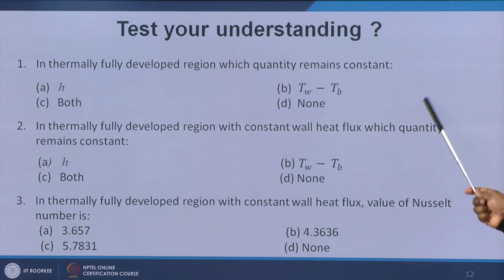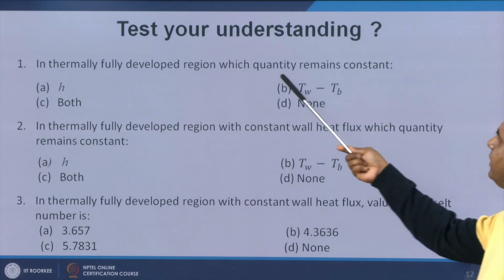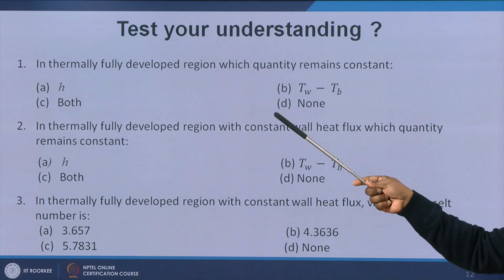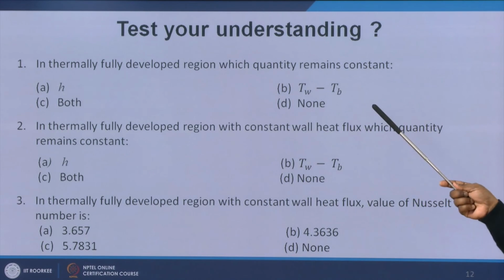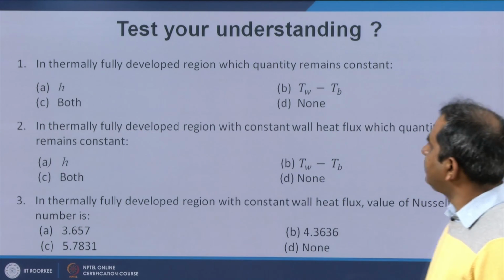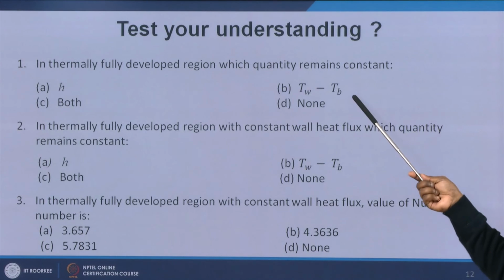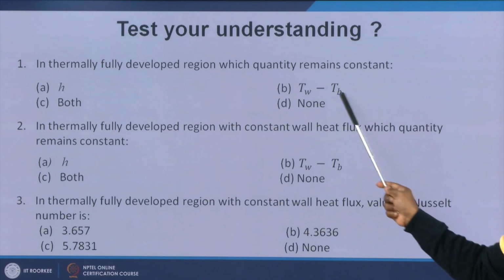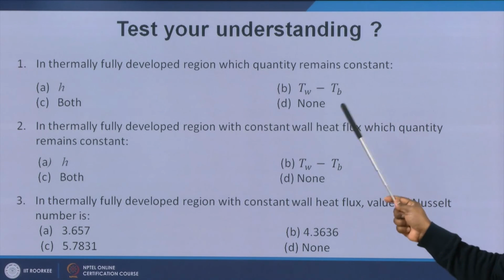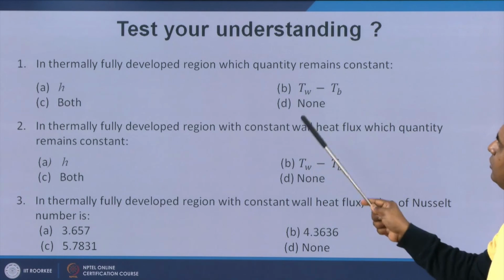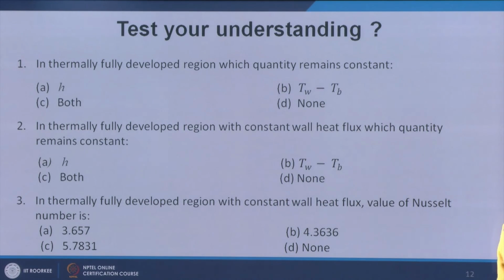Next, let me test your understanding of what you have got in this lecture. As usual we have 3 questions. First one: in thermally fully developed region, which quantity remains constant? We have 4 options: H, TW minus TB, both, and none of H and TW minus TB.